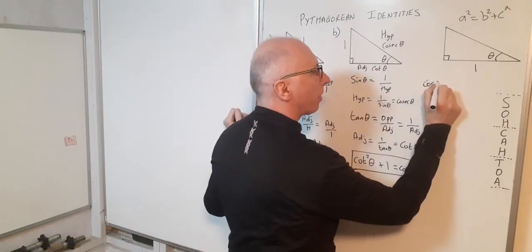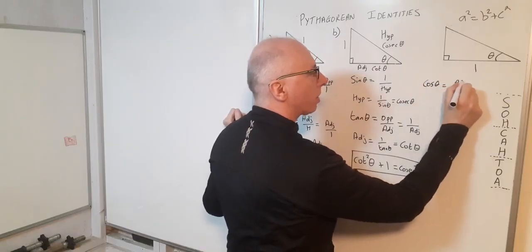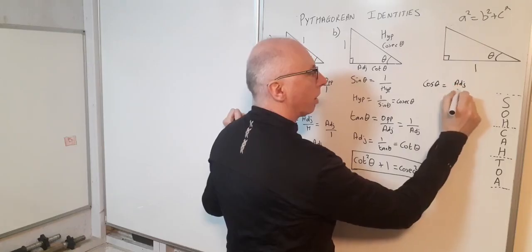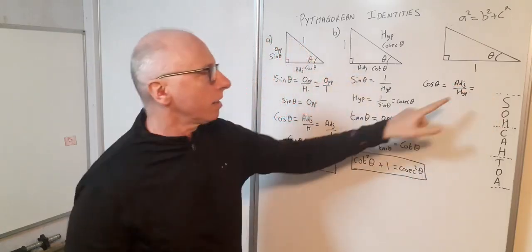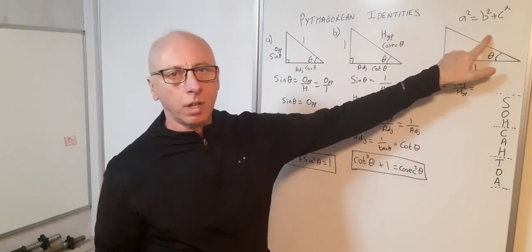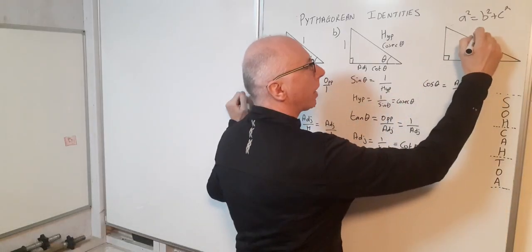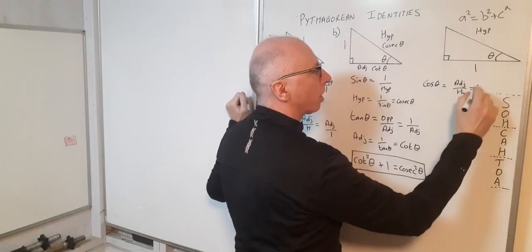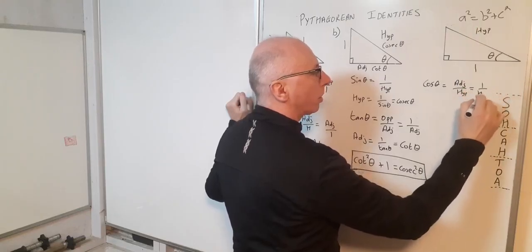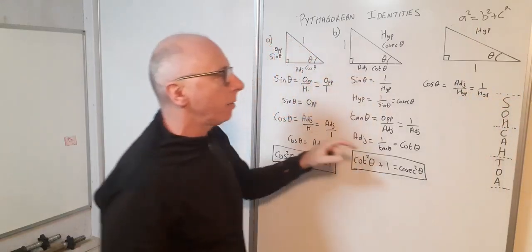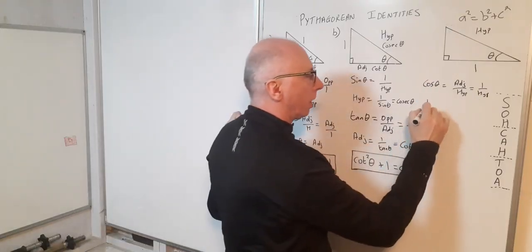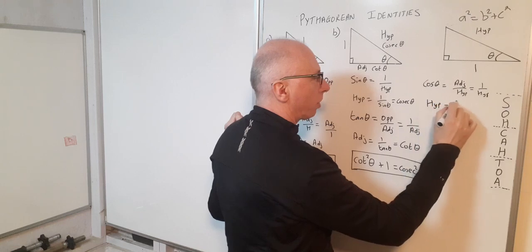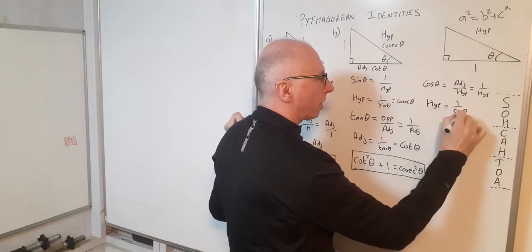So cosine theta equals adjacent over hypotenuse, and in this case, it's 1 over the hypotenuse. So I'll just write down that as my hypotenuse. So 1 over hypotenuse. Now switch places with cosine theta and hypotenuse. I've got hypotenuse equals 1 over cosine theta.